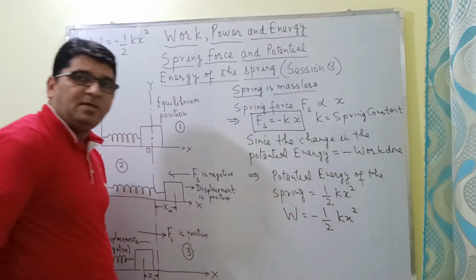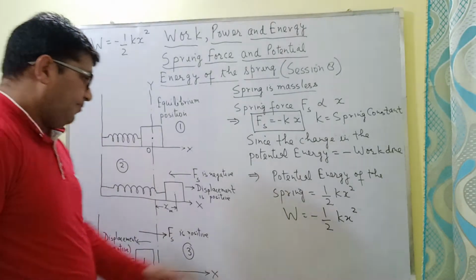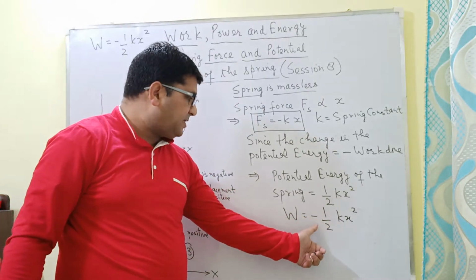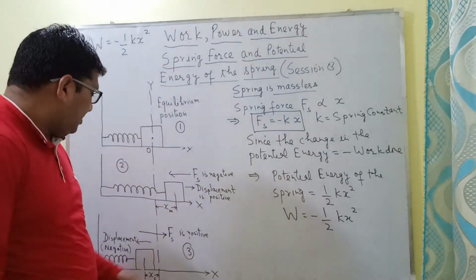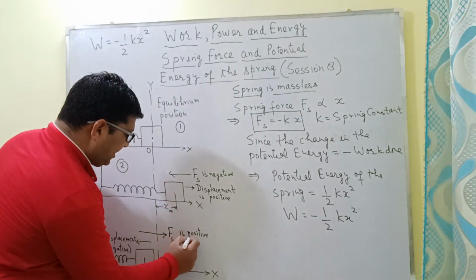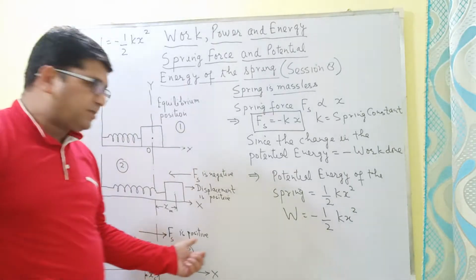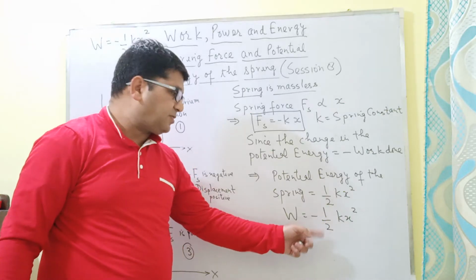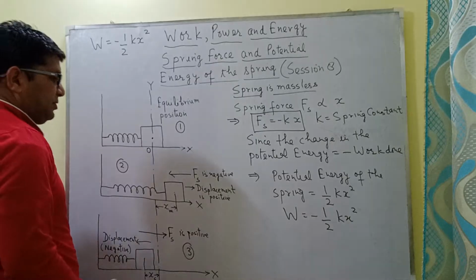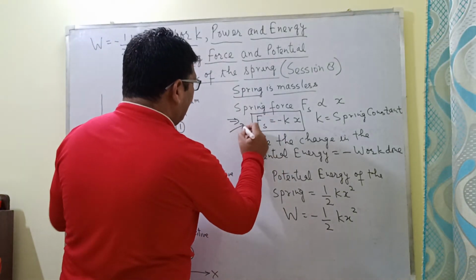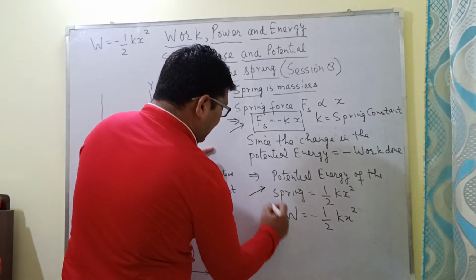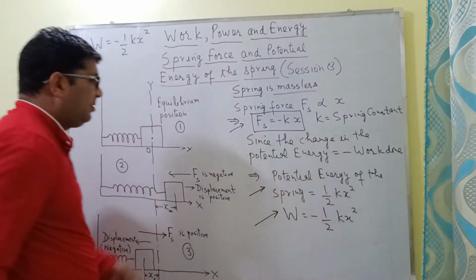Here x is the displacement of the spring. This minus sign is coming because the direction of the spring force is opposite to the direction of the displacement. So these are the three important formulas.